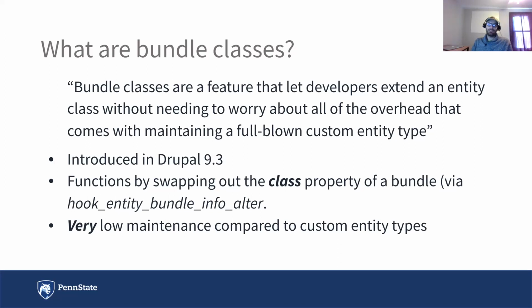And like I said, these things are very low maintenance compared to custom entity types. Right now on our site, we have, I think, 4 custom entity types, and we're going to be retiring most likely 3 out of those 4 by transitioning over to plain nodes with bundle classes. So we can keep our wonderful API and pretty much just delete a bunch of custom code.